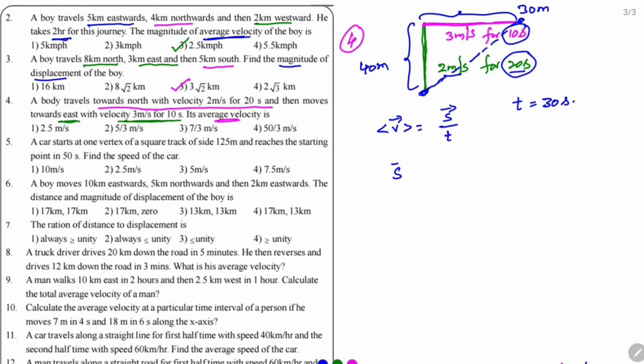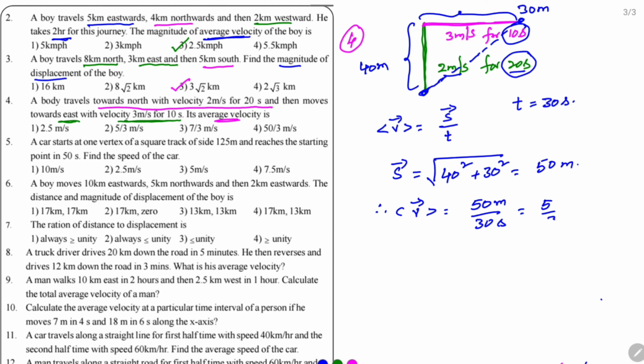Now the displacement will be equal to the hypotenuse, so square root of side 1 square plus side 2 square, which gives you 50 meters. Therefore, your average velocity will be equal to displacement over time, which is equal to 5 over 3 meters per second. So the option is 5 over 3, option 2.